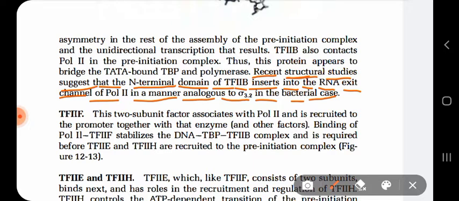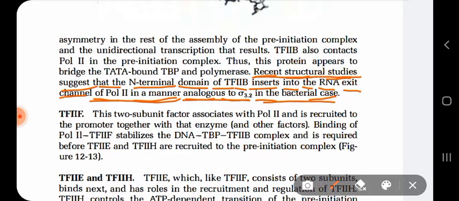Again, I am repeating, the N-terminal domain of TF2B inserts into the RNA exit channel of polymerase II in a manner analogous to the sigma 3.2 region in the bacterial case.